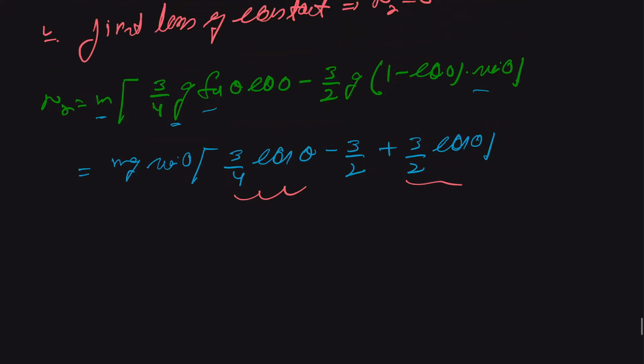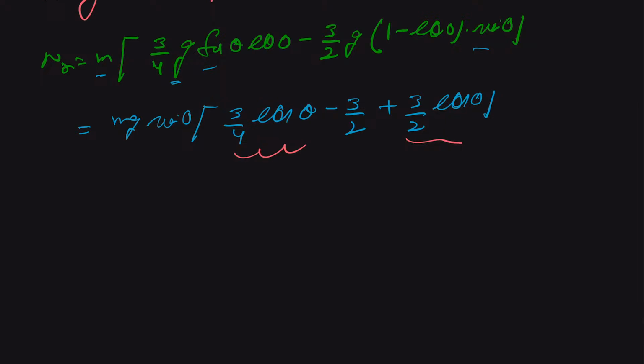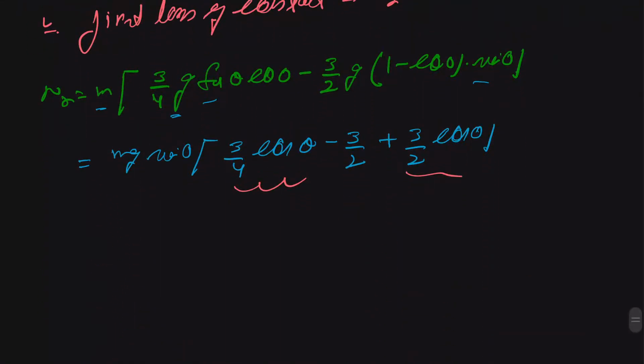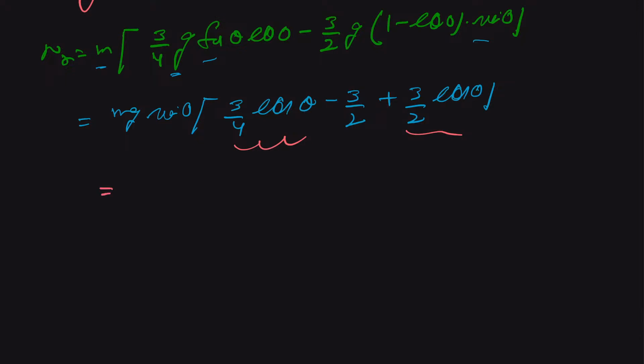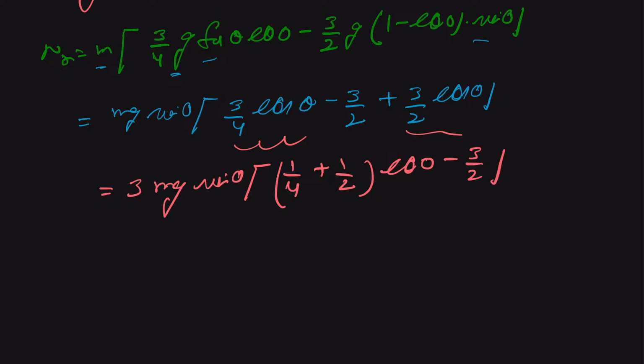We can also take 3 as common, so this will be 3 mg sine of theta times (1 by 4 plus 1 by 2) cos of theta minus 3 by 2.